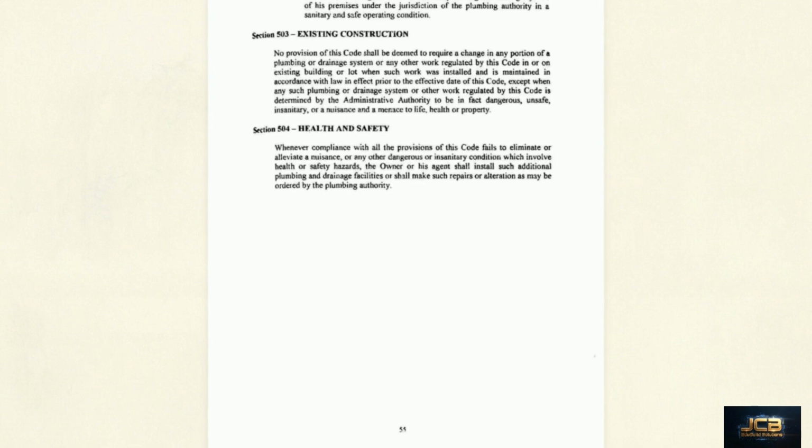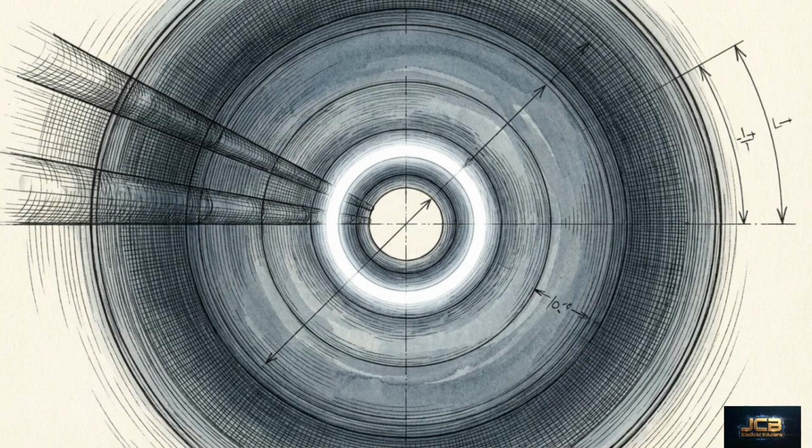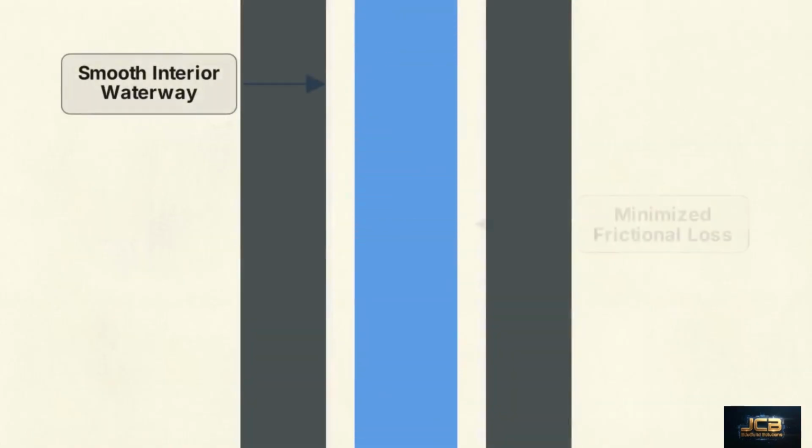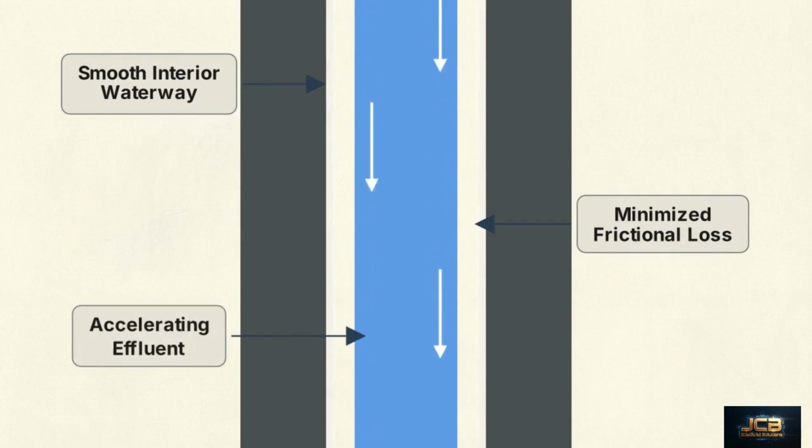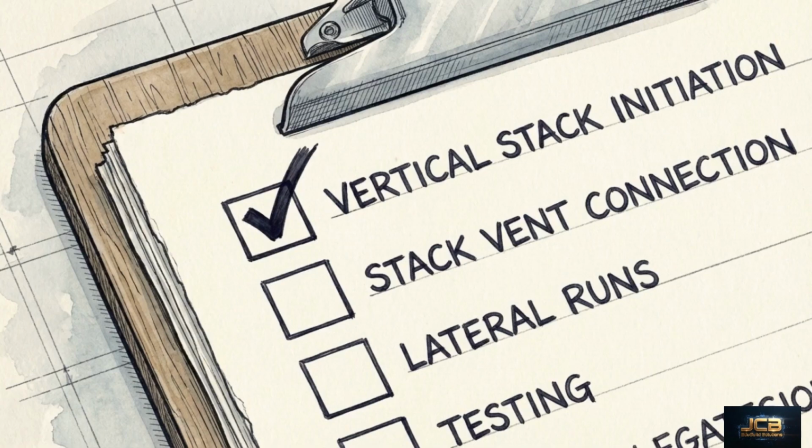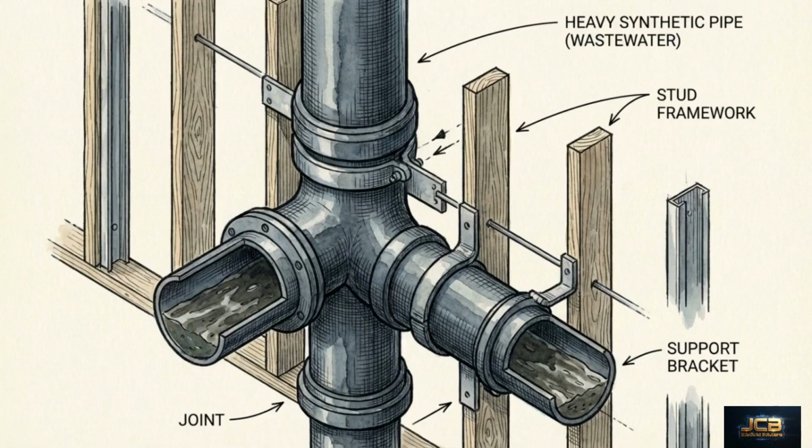Section 701.2.3 restricts vitrified clay pipes, which cannot be used above ground or when piping is pressurized. Once the approved material is selected, its smooth interior waterway serves a critical function. It minimizes frictional losses, allowing the effluent to accelerate efficiently as it drops down the vertical stack. The viability of the entire downward network relies completely on this initial step: correctly matching the calculated DFU load with a material rated for the exact environmental stress of its location.